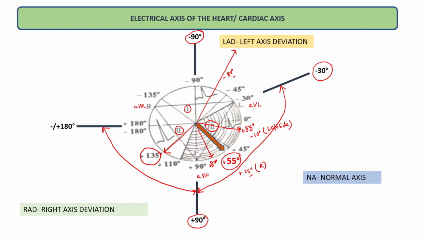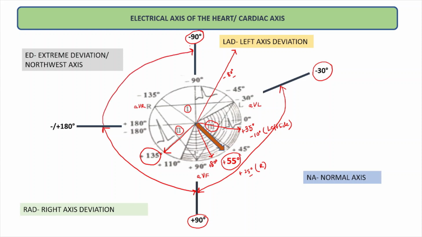And there are various reasons for right axis deviation, such as shifting of the heart towards right due to any reason, right ventricular hypertrophy, right bundle branch block, posterior division of left bundle branch block, or left posterior hemiblock.